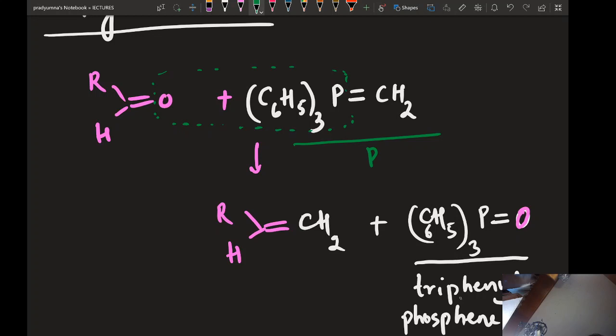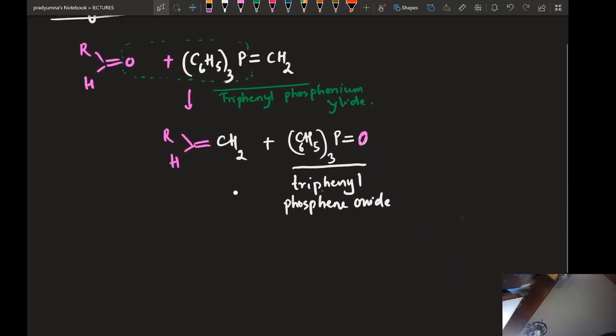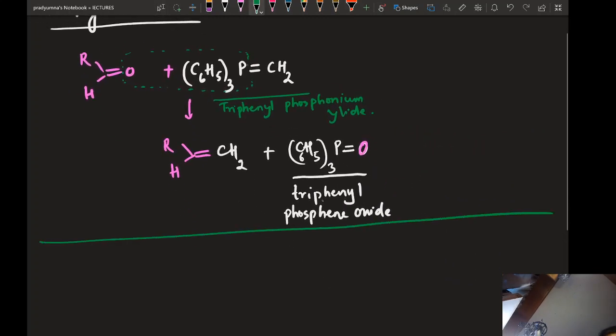You can call it triphenyl phosphonium halide. Let's write down the full name. Now let's draw the mechanism.